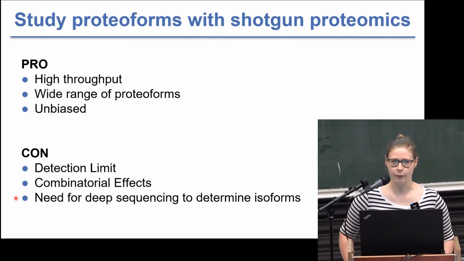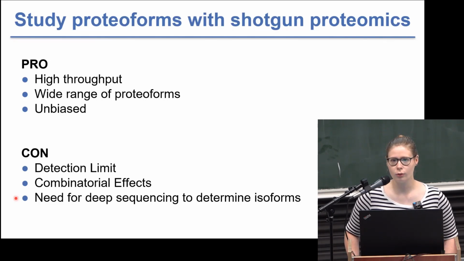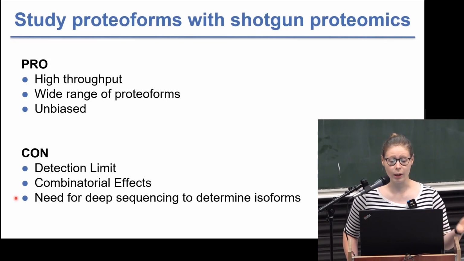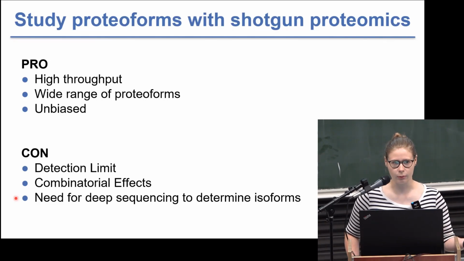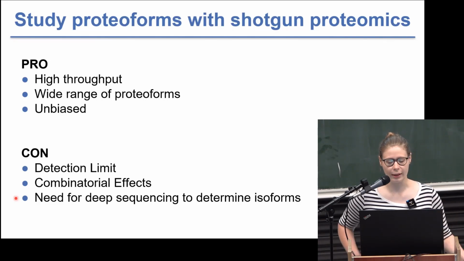However, with isoforms, the same as with PTMs, the detection limit can be an issue. Usually splice isoforms are grouped together in the protein groups. So that's why you need very, very deep sequencing to actually differentiate between isoforms.